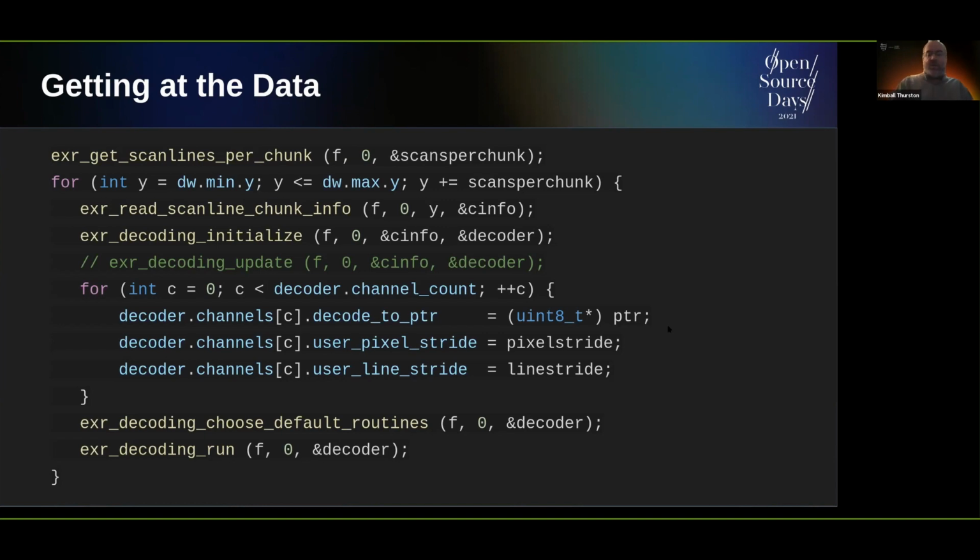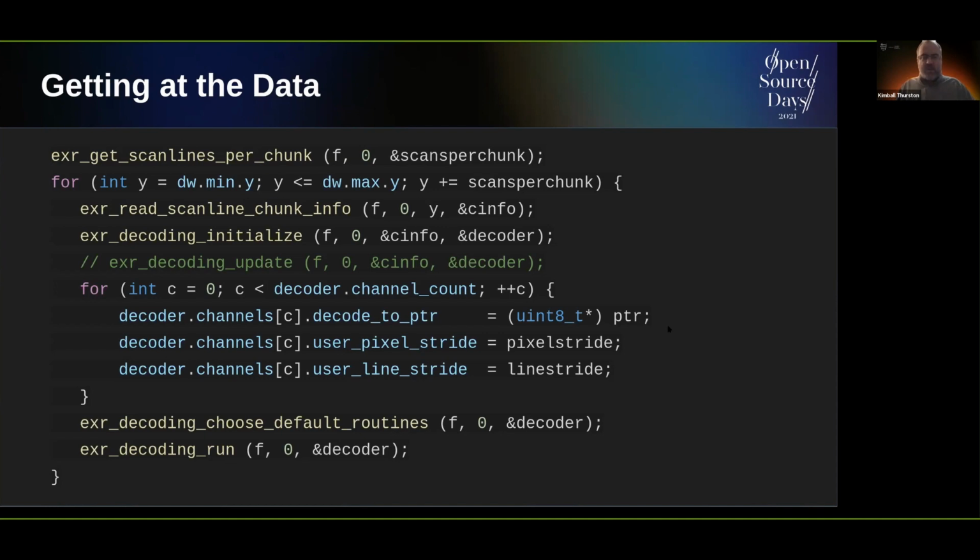What that's doing is basically populating a data structure with the channel information for you and a bunch of other things, and then you can give the decoder the pointers to your memory. And again, as a reminder, we're doing this all to be as stateless as possible.